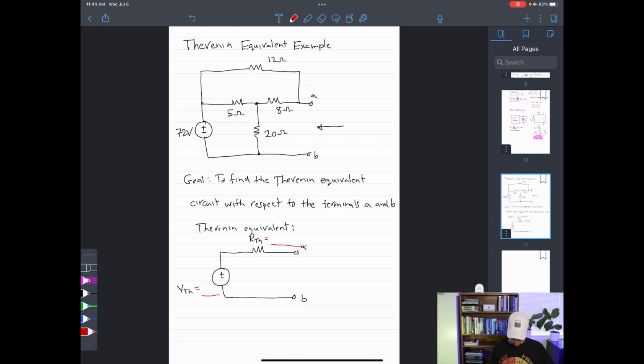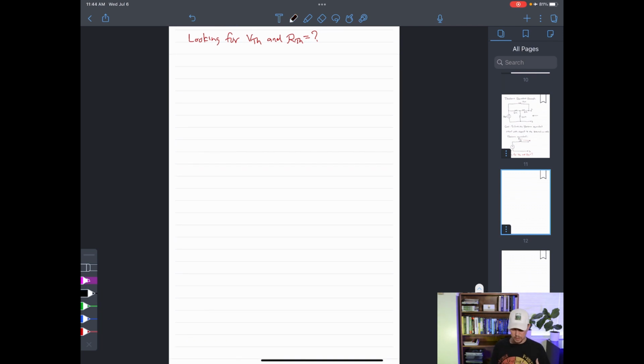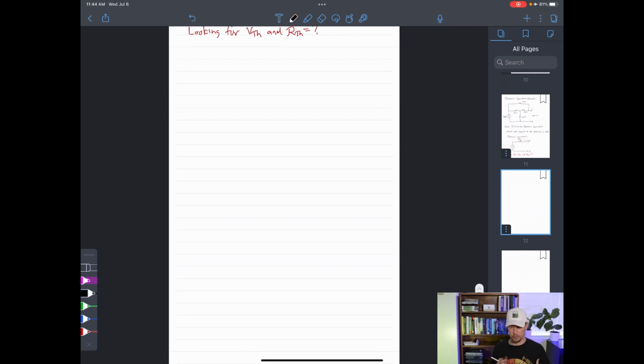So we're looking for the Thevenin voltage and the Thevenin resistance. Right? And the way we're going to find these things is by considering two separate circuits.